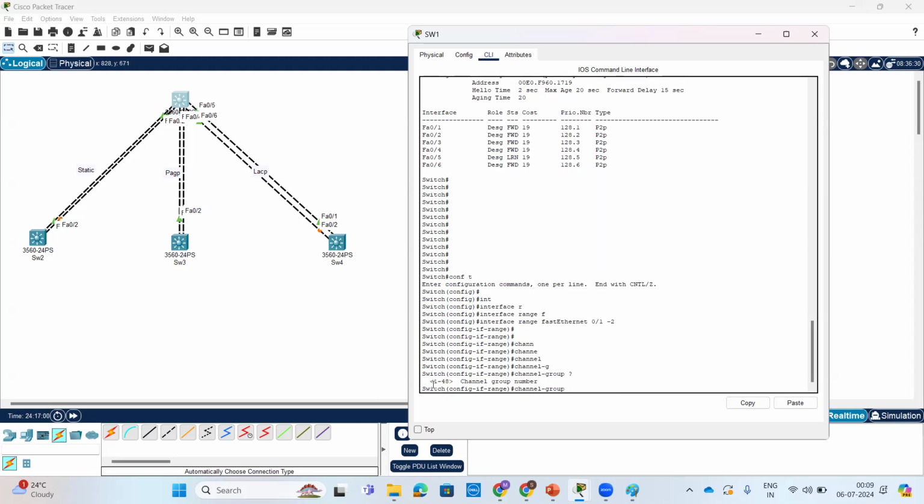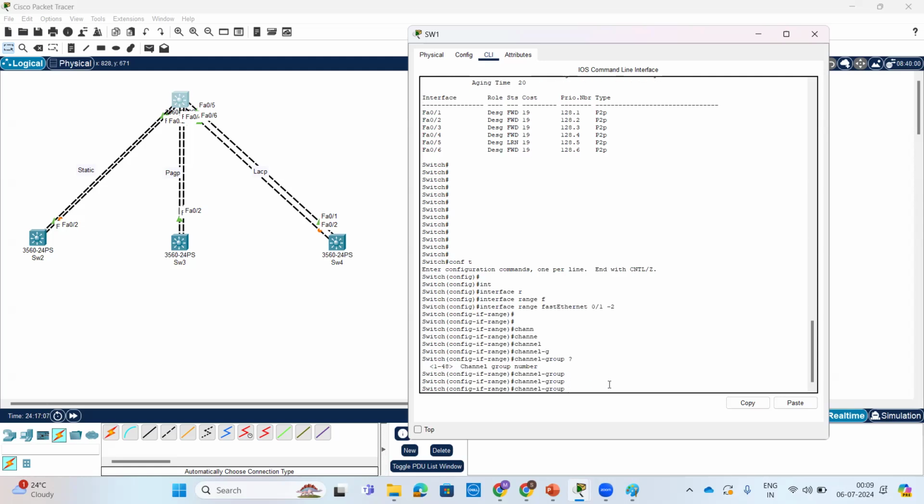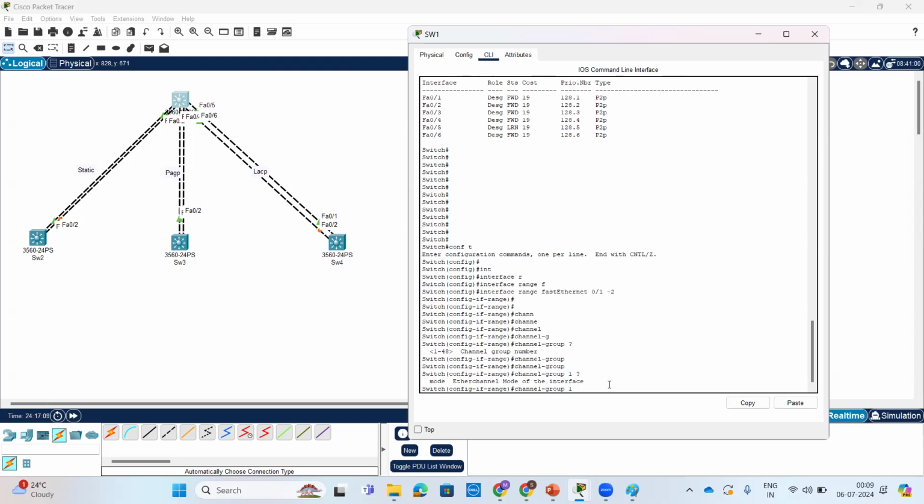Up to this many groups we can create, 1 to 48 channel groups. I'm taking group 1.